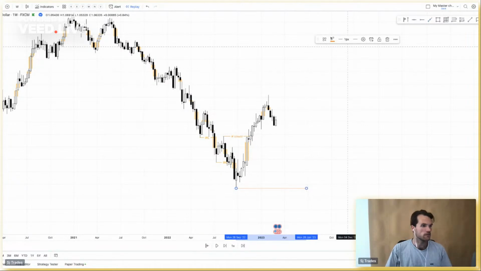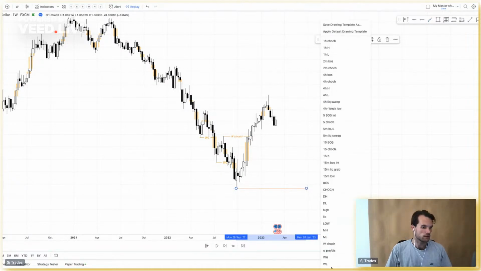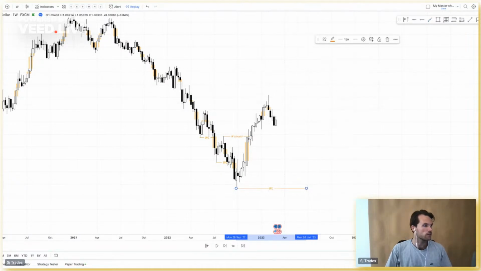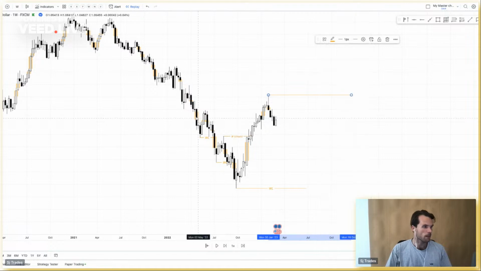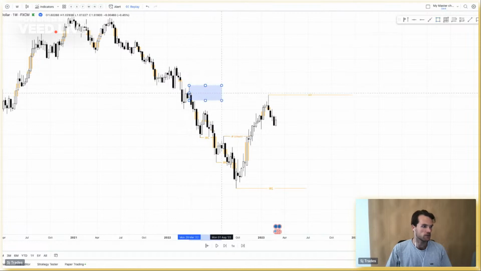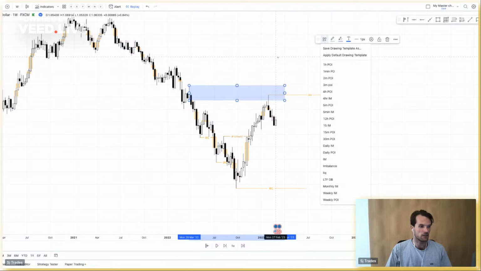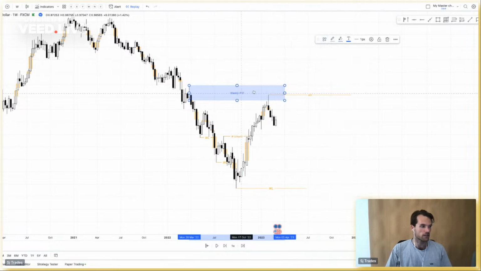And now it's our current weekly low, our weekly high. You can see we have rejected from an old weekly supply. Don't really mark that up, but just for the sake of it.